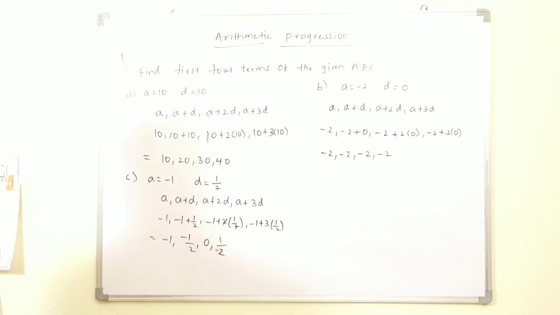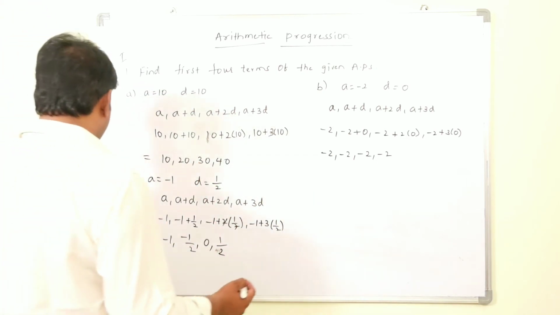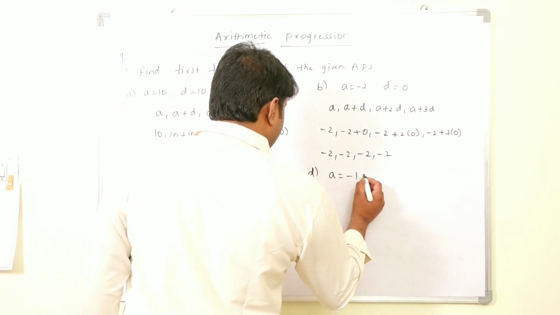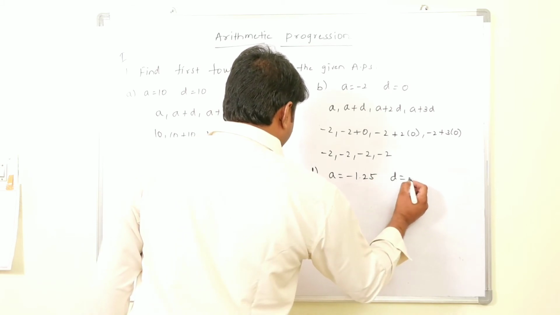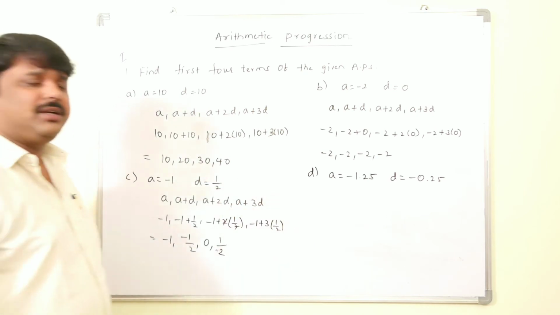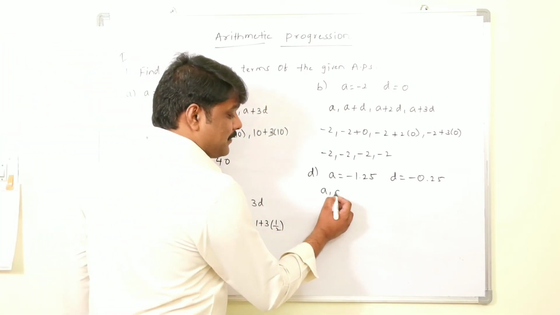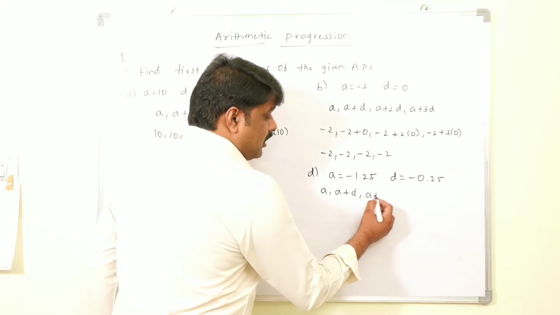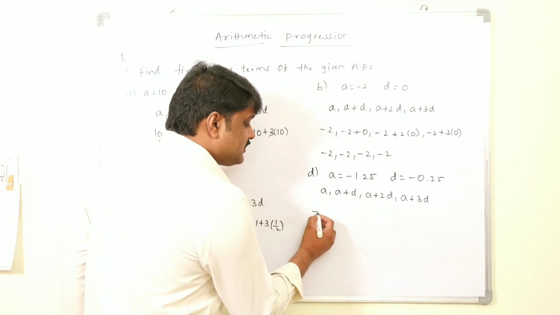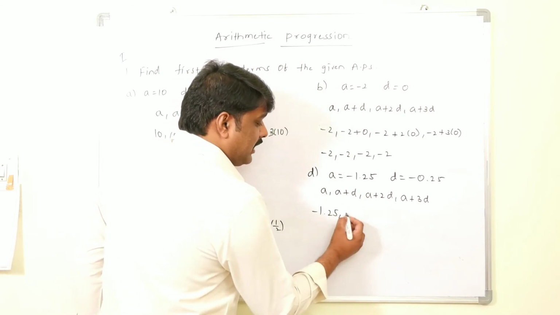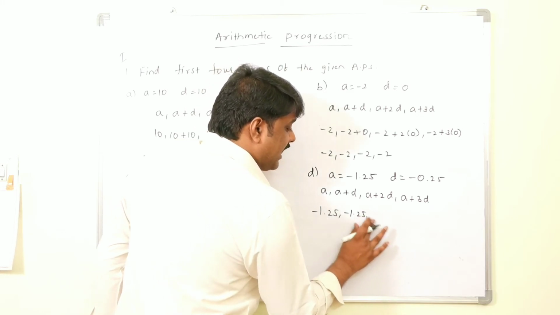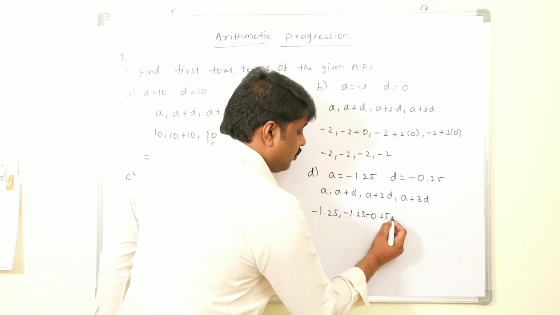Let us take another numerical where A is minus 1.25 and D is minus 0.25. Again, let us write all the terms of the AP. A, A plus D, A plus 2D, A plus 3D. A is minus 1.25. A plus D is minus 1.25 plus minus 0.25.